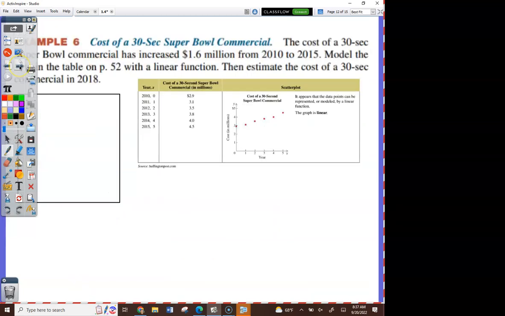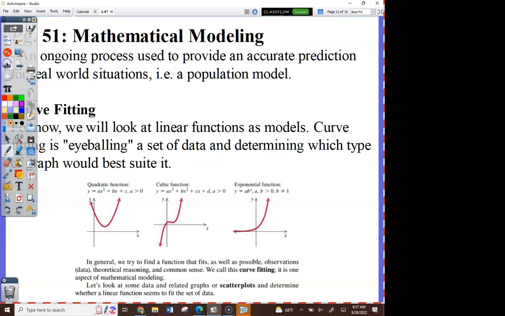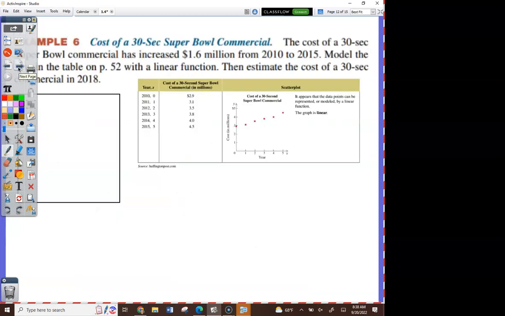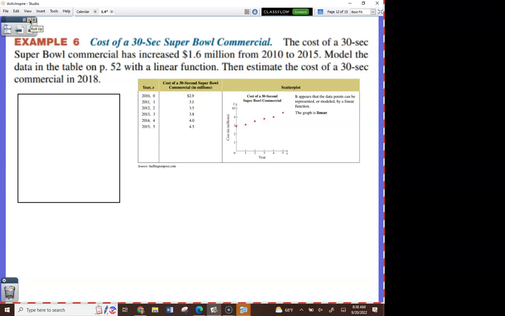Let's go to the next slide. Looking at the next example, cost of the 30-second Super Bowl commercial. This is insane. The cost of the 30-second Super Bowl commercial has increased, and this is old data. Look at that, 2010 to 2015. Has increased $1.6 million from the year 2010 to the year 2015.